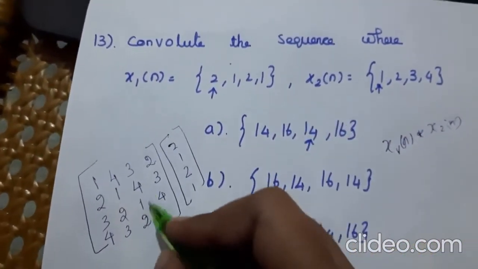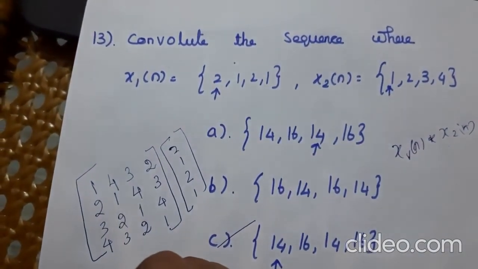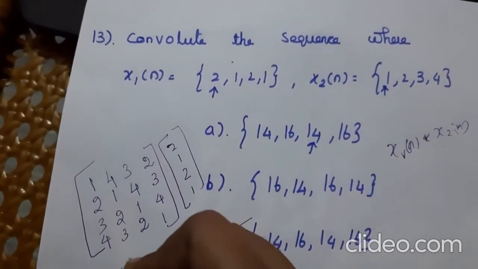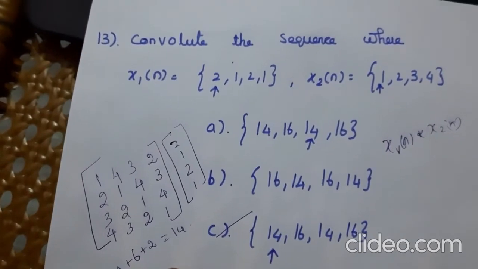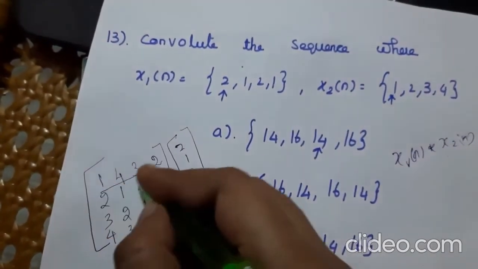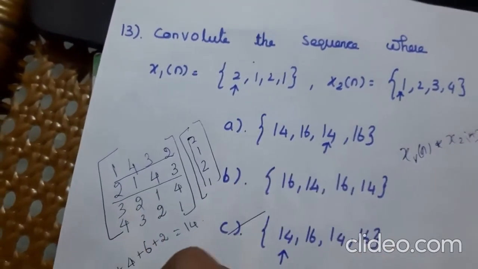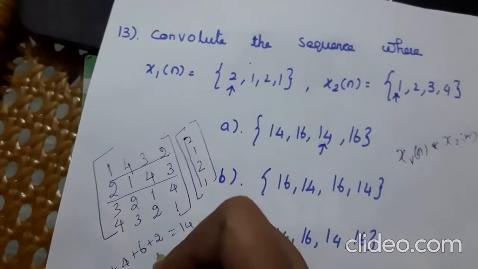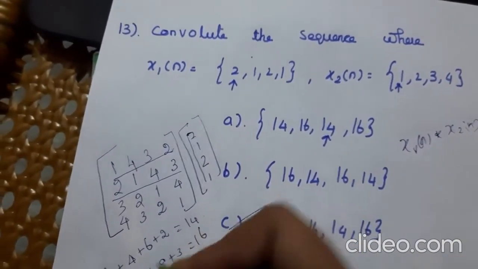So now do the matrix multiplication. We will get 2 plus 4 plus 6 plus 2, so that is equal to 14. Next one, this one multiplied with this: 4 plus 1 plus 8 plus 3, so that is equal to 16.